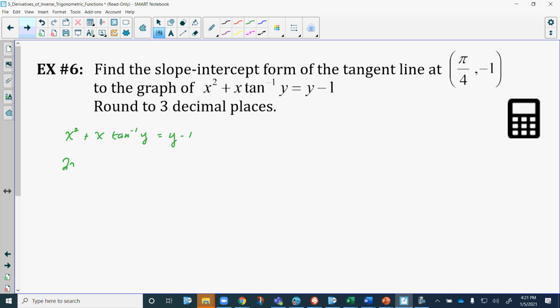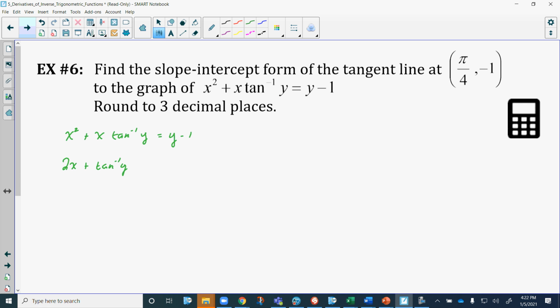So I'm going to get 2x here, and we're going to have to use the product rule on the next term, where it says x times tangent inverse of y. So if I take the derivative of x, that's just going to be 1, and so that's just going to leave me the tan inverse of y.